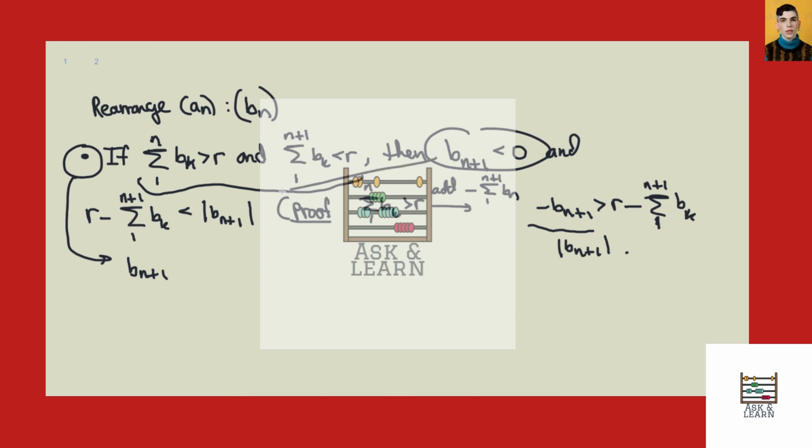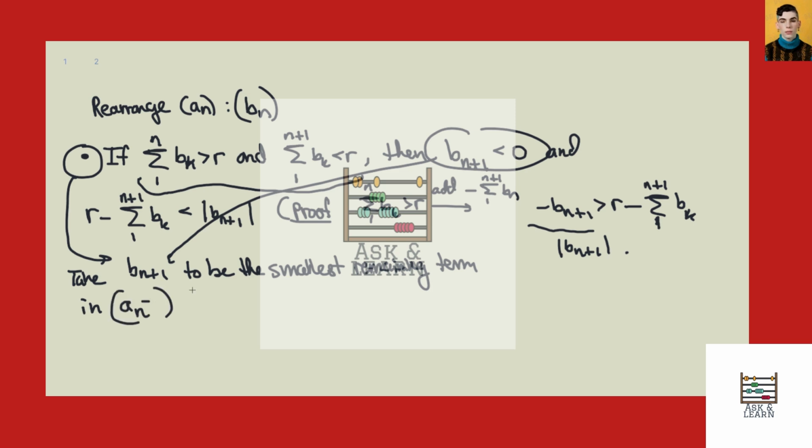So that can help us here. So we'll go ahead and take b_{n+1} to be the smallest remaining term in the sequence of negative terms. And as we noticed already, this is increasing, so we could rearrange these in increasing order.